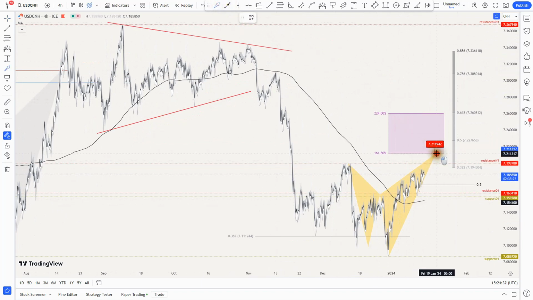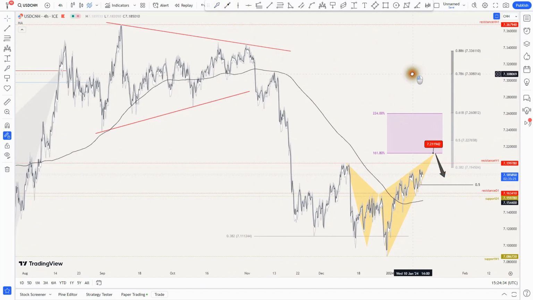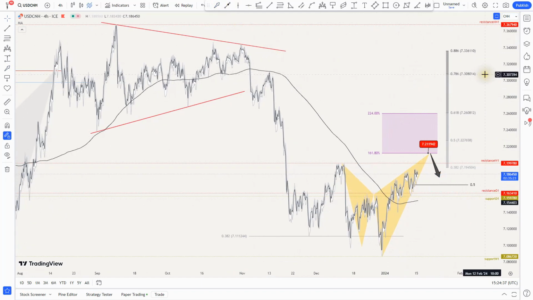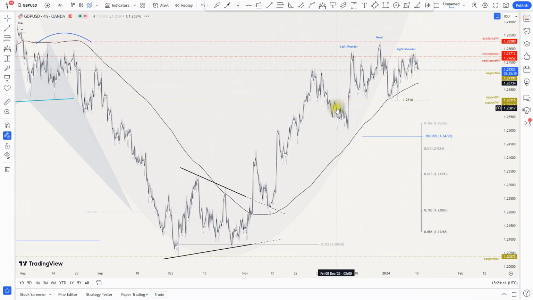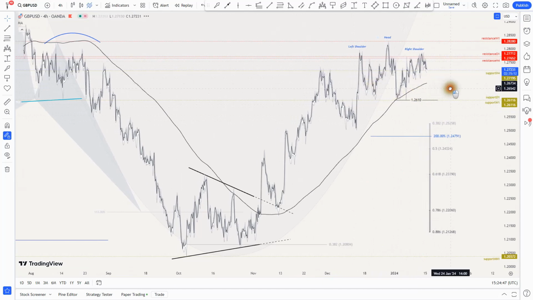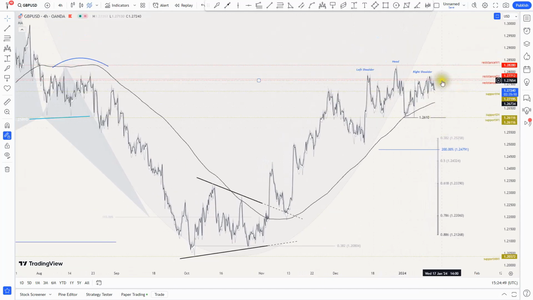The formation of this pattern may open the door for a retracement for the pair also. Then we have the cable, very much similar with the euro dollar, with a nice head and shoulders pattern. I believe we are facing the very limits to form the right shoulder at this point, the 78.6% Fibonacci level.